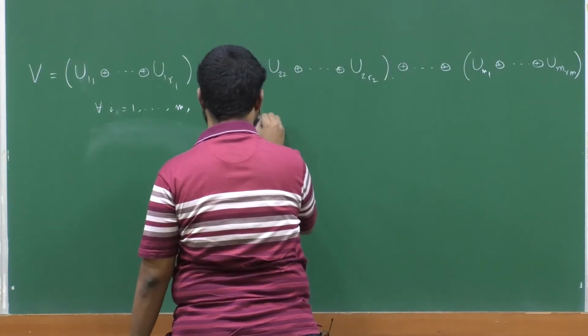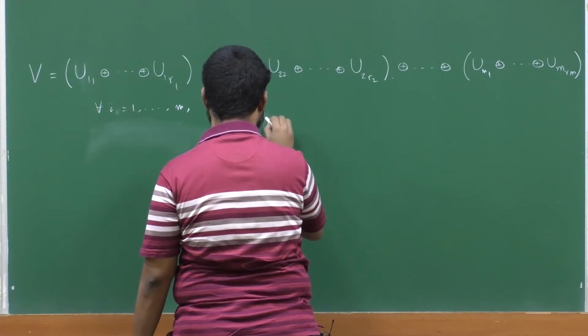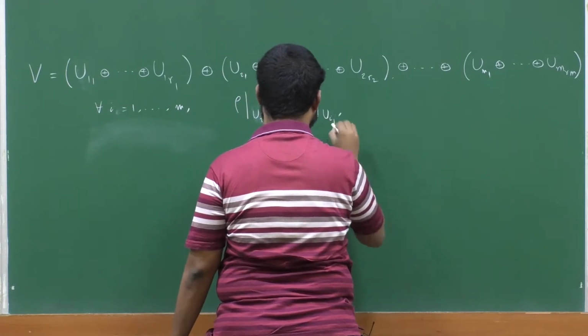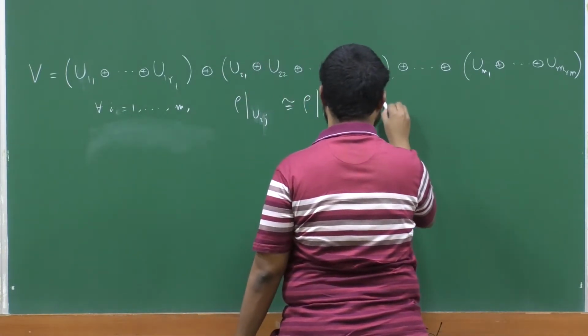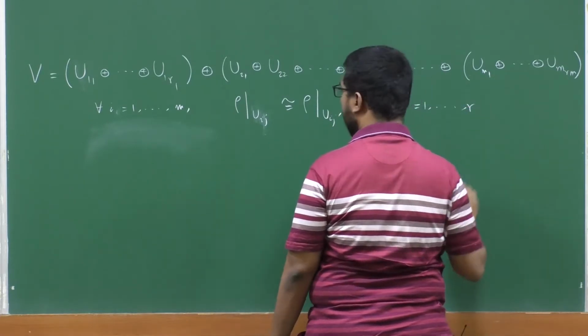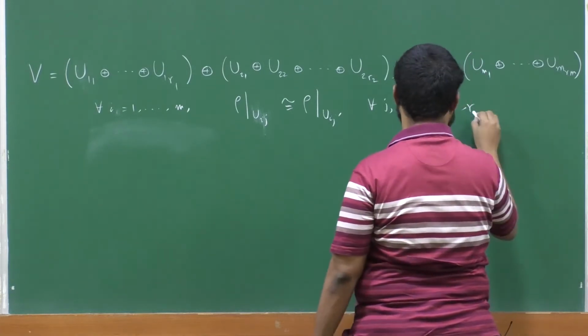So the subrepresentation rho_U_ij is isomorphic to rho_U_ij' for all j and j' from 1 up to R_i.